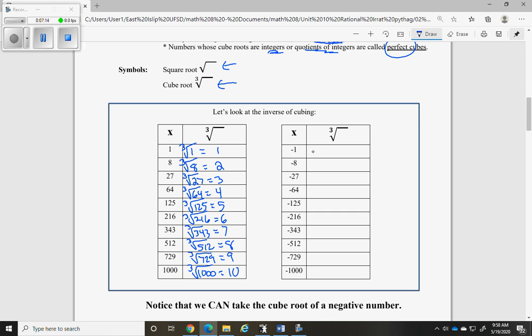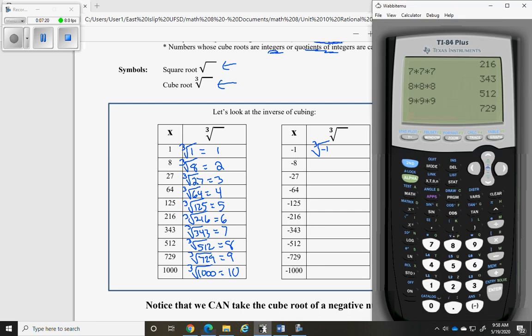And I can take the cube root of negative numbers. So we saw yesterday on our calculator we got an error message if we did square root of a negative number. Let me just remind you. If I do the square root of negative 1, my calculator says non-real answer. I get an error. But if I do the cube root, now my cube root is in this math button.